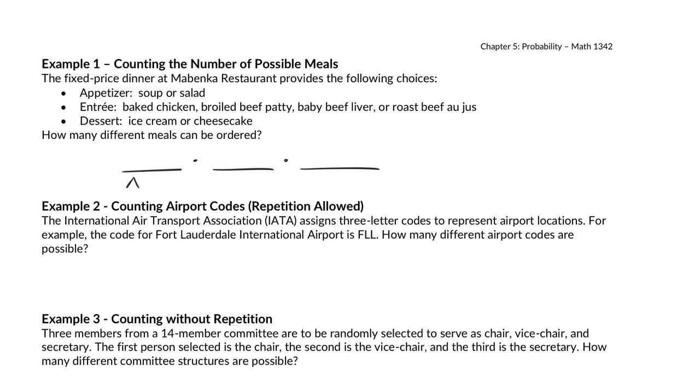So this is my appetizer, this is my entree, this is my dessert. How many options do I have for appetizer? 2. How many options do I have for entree? Entree has 2 E's at the end of it, Miss Quigley. 4. How many options do I have for dessert? If I multiply all those numbers together, 2 times 4 times 2, we have 16 different options for meals we can combine together.